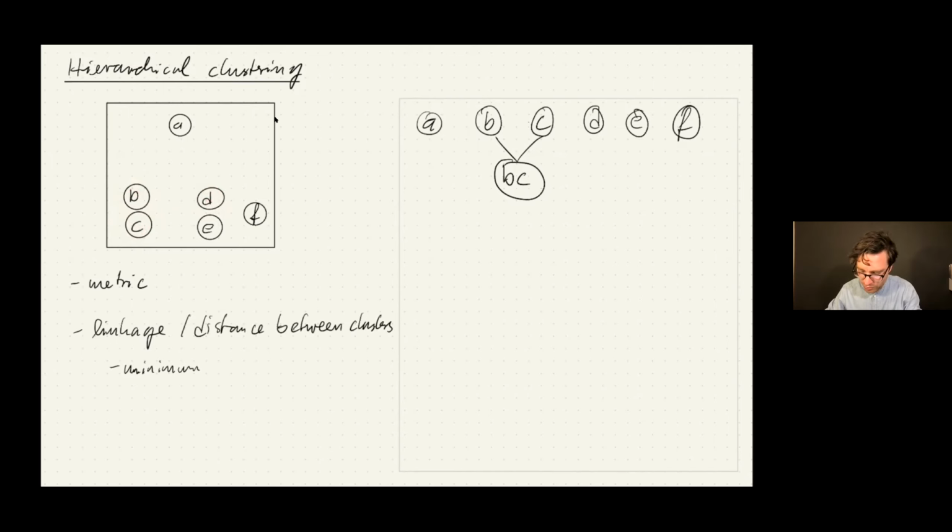Or you could also, for instance, use the centroid. There's many choices, right? Now, if we go on, we maybe take the centroid here, then the next cluster would probably be a grouping of D and E. Then I would add those 3 in one cluster.